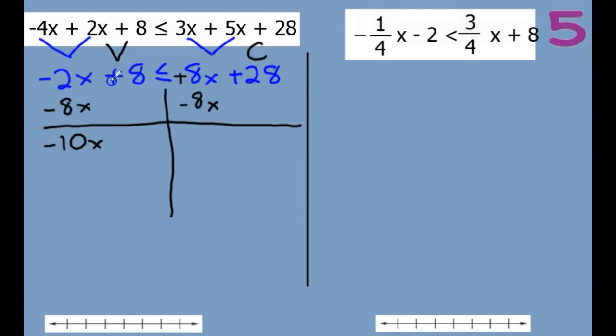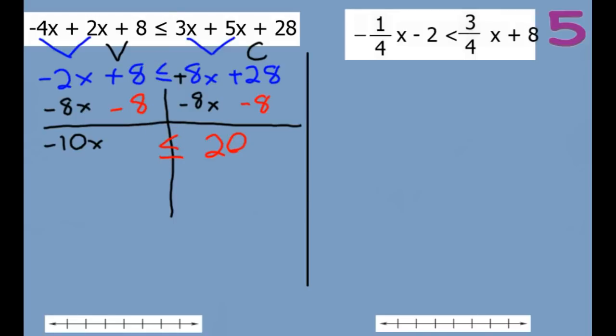Our constant needs to come over, so we need to do the opposite of plus 8, which is minus 8. And minus 8 over here. 28 minus 8 gives us 20. Is less than or equal to, stays the same there.